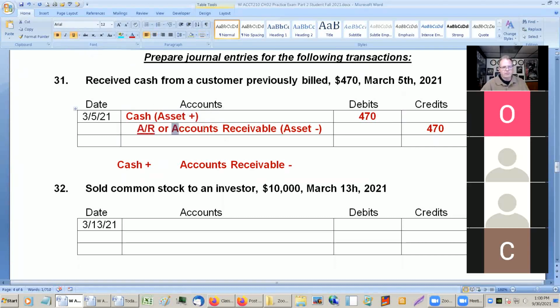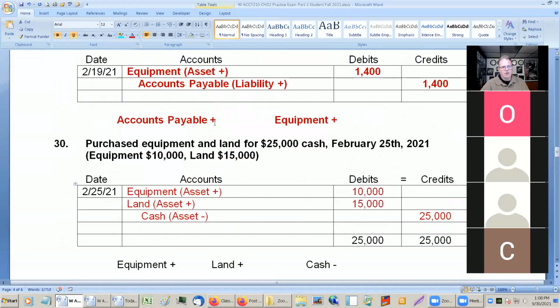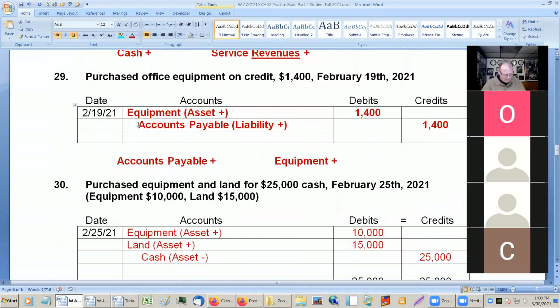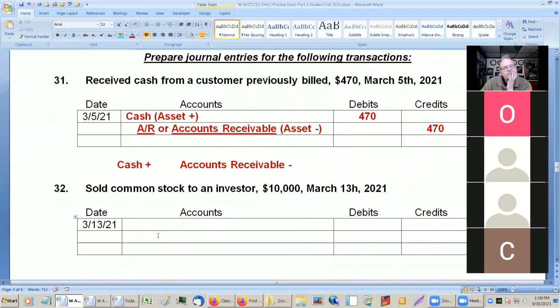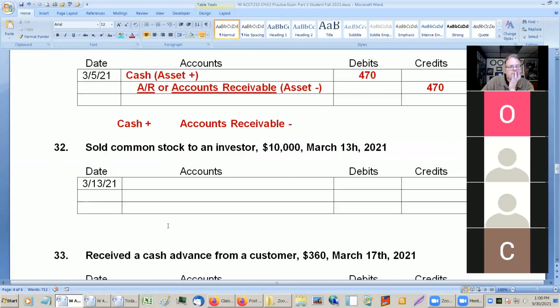It's a very common one. Accounts payable is AP. Those are two common ones you see. And if you put AR, that's fine. You did mention AR before.